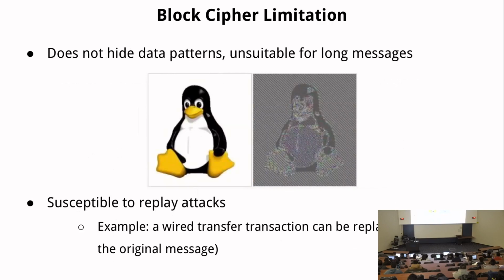And this brings a problem. Each block is encrypted independently. So if two blocks are the same, after encryption they will still be the same, right? Let's say we have a picture of the Linux logo.